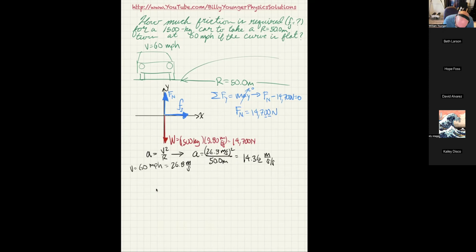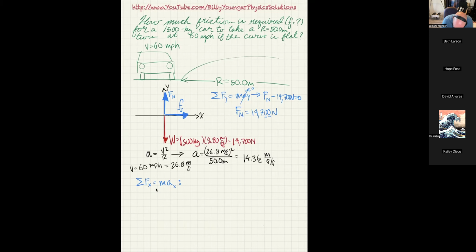Now we can use Newton's second law. The summation of forces in the x direction is equal to mass times acceleration in the x direction. But this is the only acceleration, so I'm going to drop the x and just call it a. It doesn't matter because I'm not solving for a here; I'm trying to solve for the friction force.